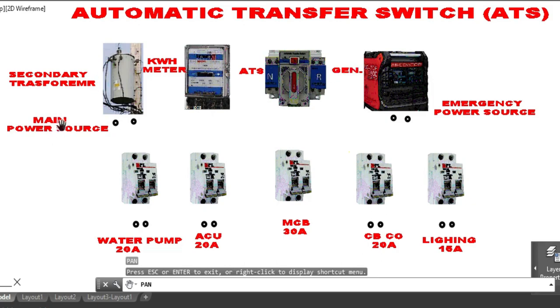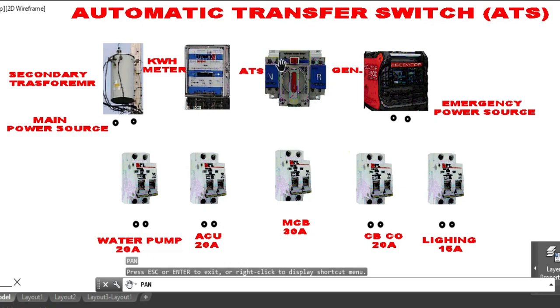Once the main power source is live and connected to the ATS, this switch automatically switches to the main power source, then distributes the power to the load side, to the main circuit breaker, as well as the emergency generator.